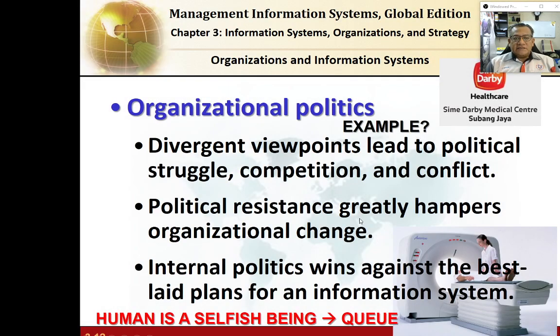Okay, this is basically the next topic under organizational politics. So this is not politics in the general term. Basically, it is politics from the perspective of a company. We do understand that people are made up of different backgrounds, different perspectives, different experiences, different expectations.